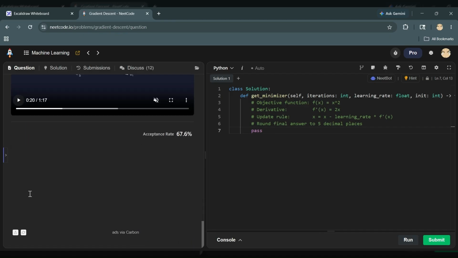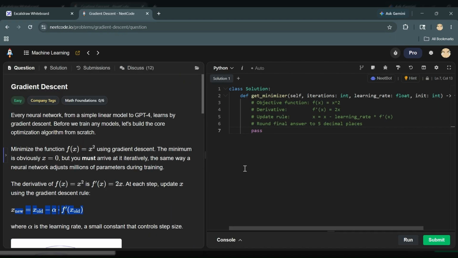So just to keep things straight, let's write some code here. According to the formula, it is x equals x minus learning rate into f dash x, and we have the initial value in it. So let's keep the minimizer, let's call it r, as init, and let's iterate through the iterations, and here we need to define the derivative of it.